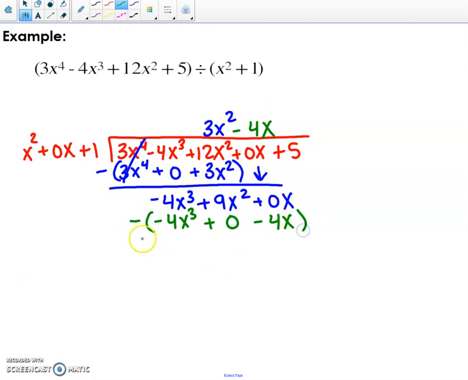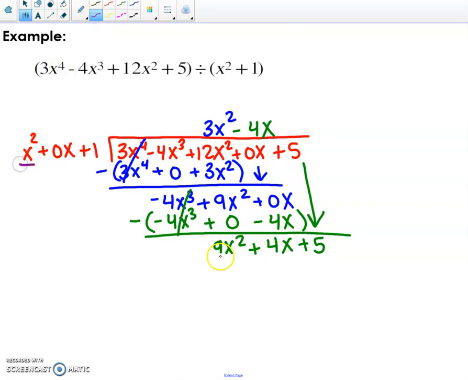Again, we're going to subtract. Negative 4x cubed minus a negative 4x cubed, that's going to cancel out. 9x squared minus 0 gives us 9x squared. 0 minus a negative 4x becomes positive 4x. And again, we need one more term on the bottom, so we'll bring down the 5.